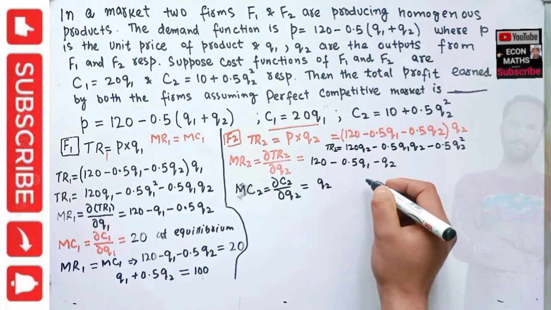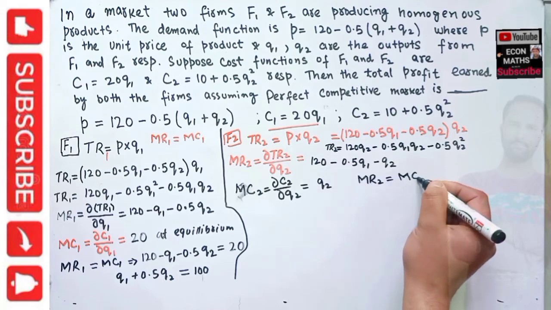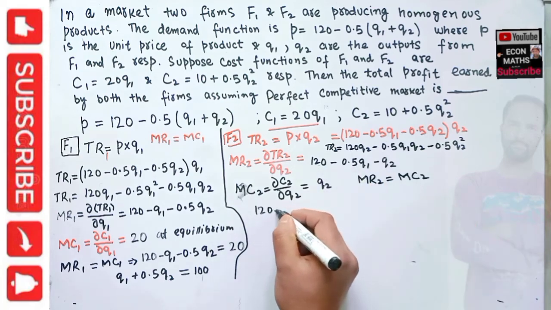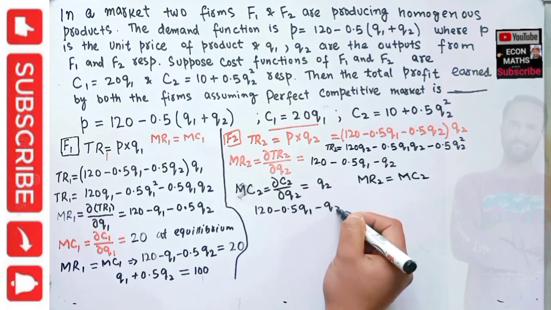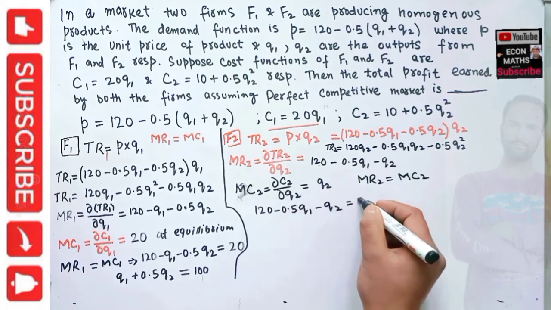Now using the equilibrium condition, marginal revenue for the second firm should be equal to its marginal cost. This is the marginal revenue, 120 minus 0.5 Q1 minus Q2, and we equate it with the marginal cost of the second firm, that is Q2.